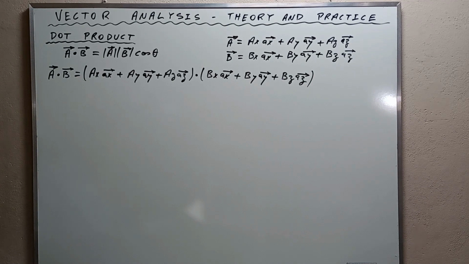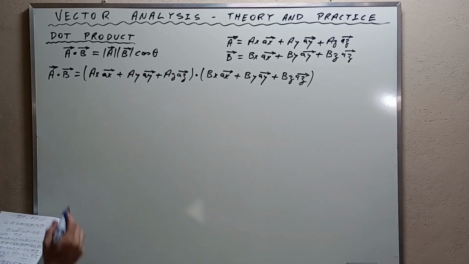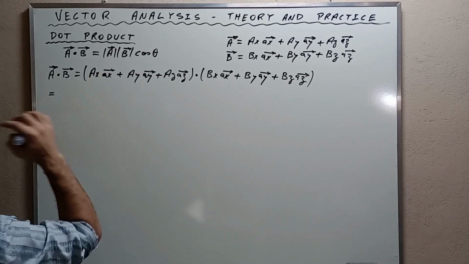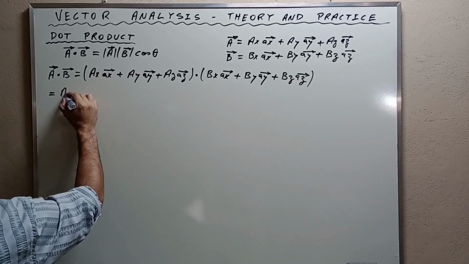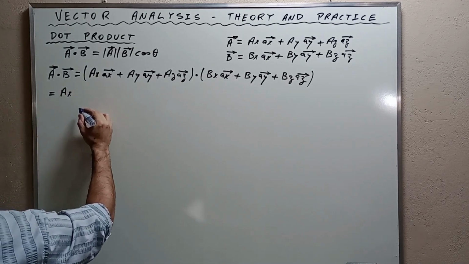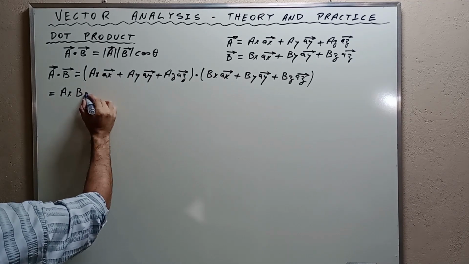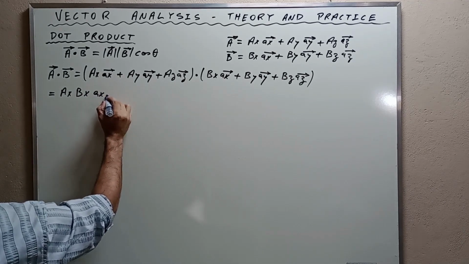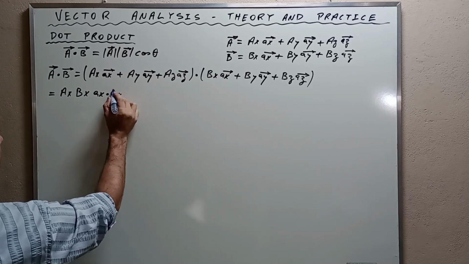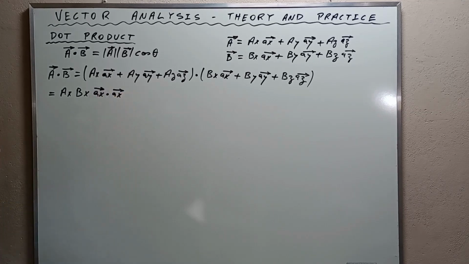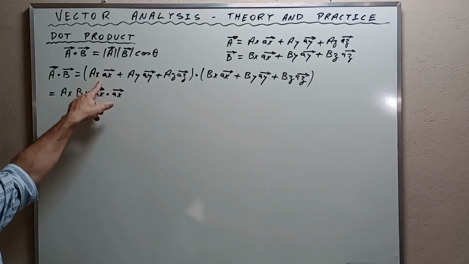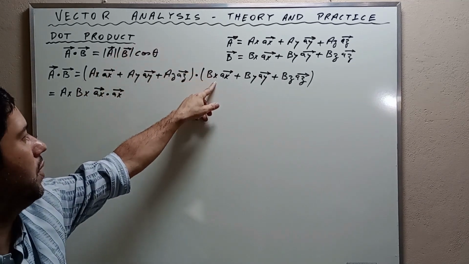What we want to do now is to calculate. Okay? We are going to apply the distributive law here, and we're going to get AX BX, ax by ax, this multiplying this.